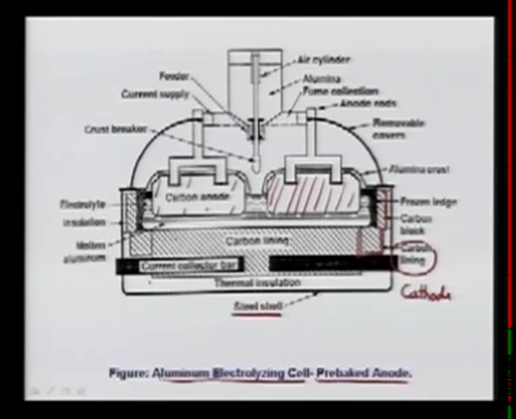And here what you see is, let us make it here an arrow, you have molten cryolite plus, dissolved in that, Al2O3. Okay.